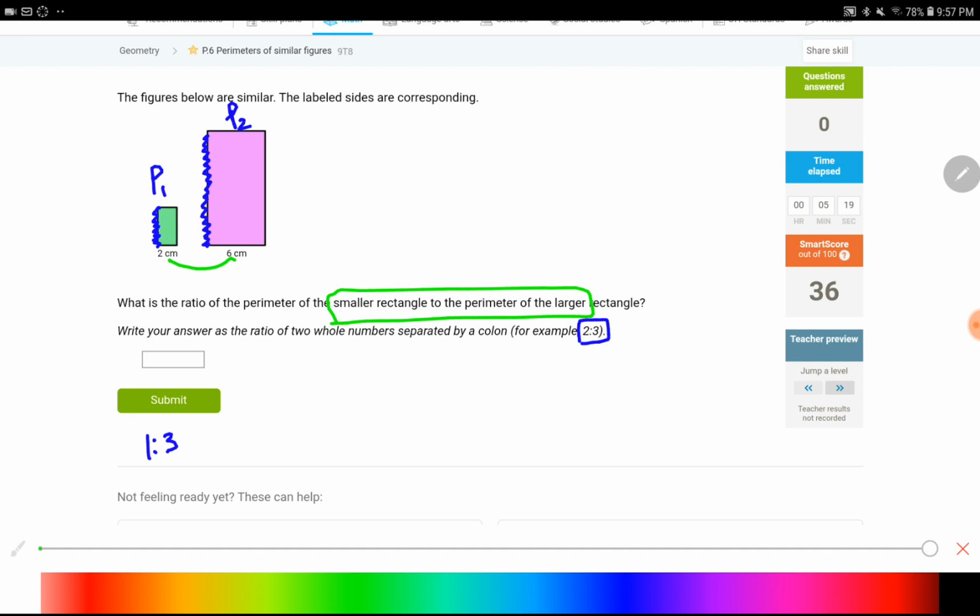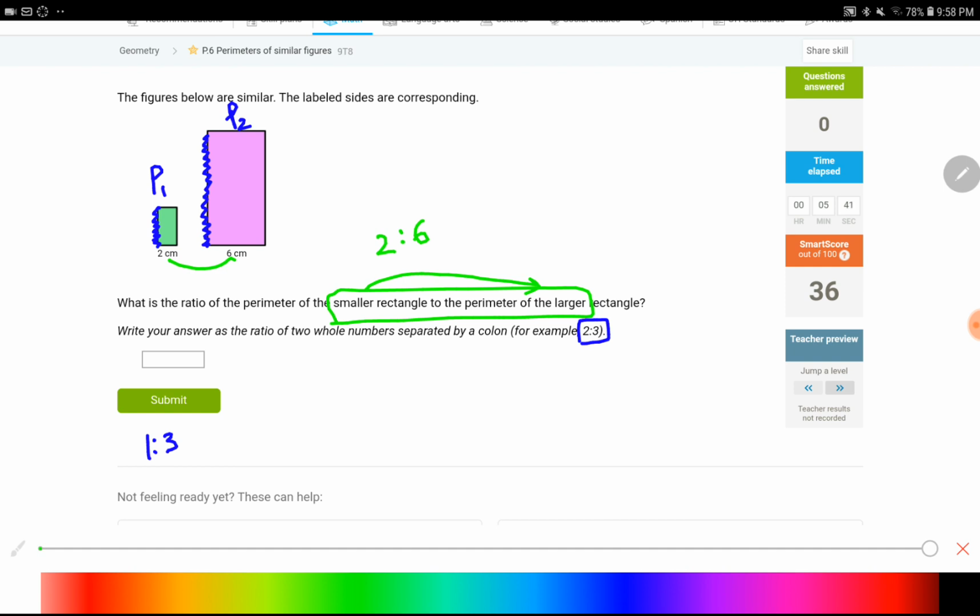That's the problem here. Since it says smaller to larger, it tells us what to do. So this is the ratio between the sides. It is going to be the same for the perimeters as well, because all we do is add the sides together. We are still talking about a one-dimensional quantity.